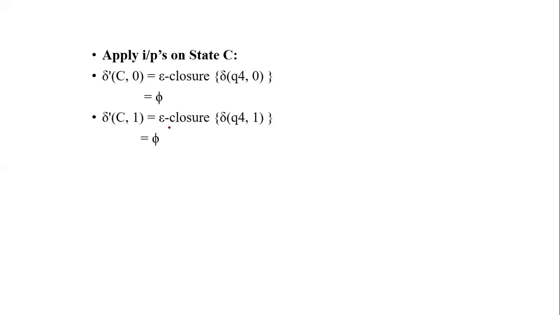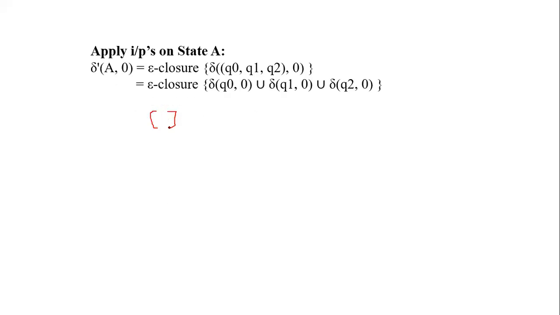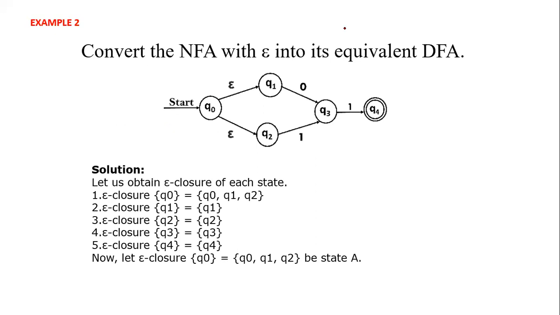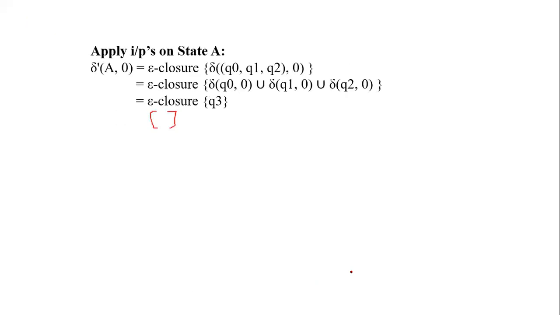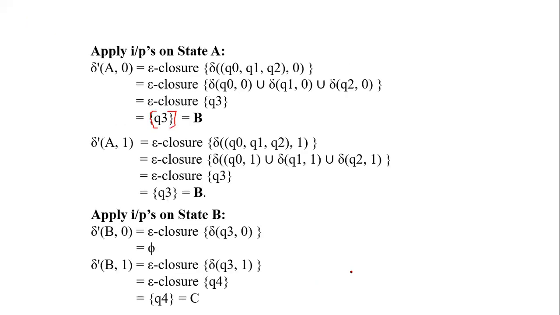So for that, we have to draw the transition table and transition diagram, right? And here, which one is the final state? In the diagram, which one is the final state? That is Q4. Where is Q4 reached? Not in A, not in B. Okay, C only.